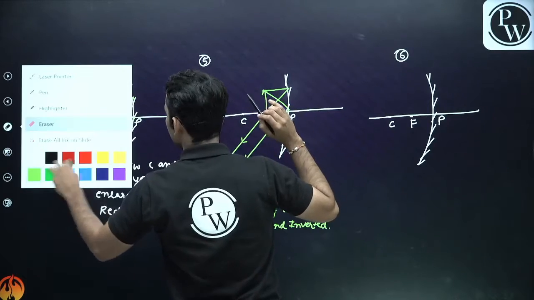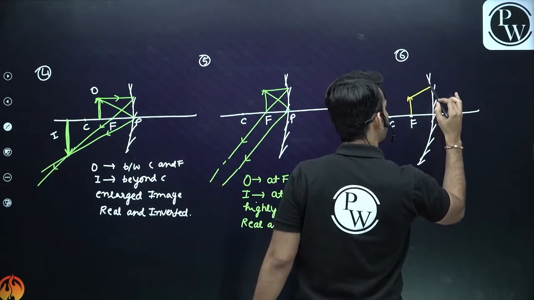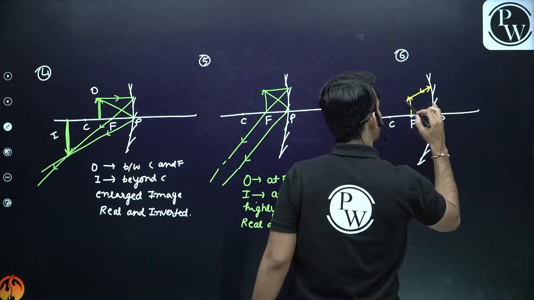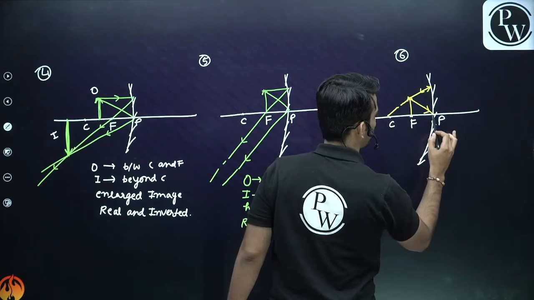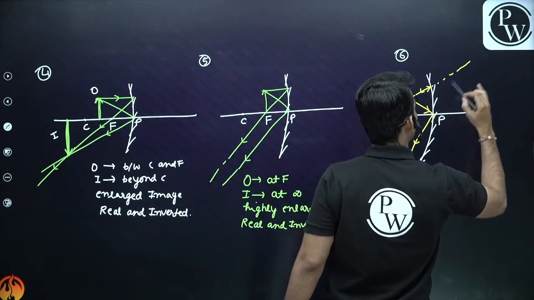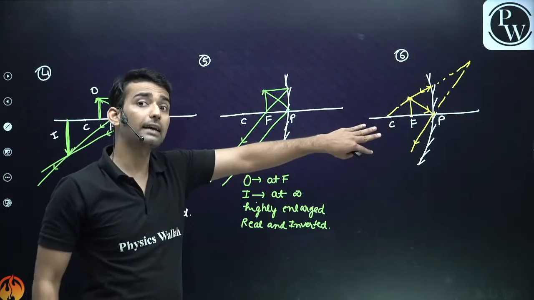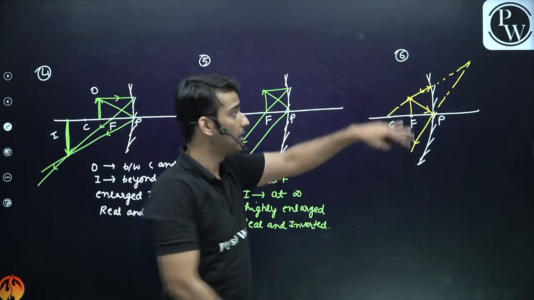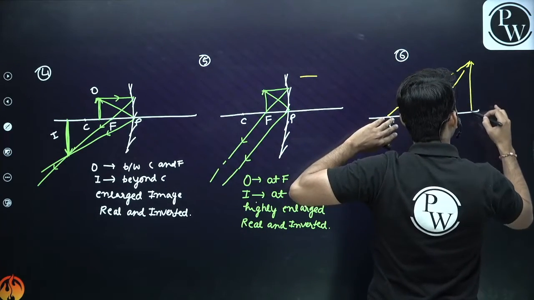So basically here you have taken the object like this. If you consider normal incidence, the ray will appear to pass through C. Now if you pass any ray through the pole, it will go like this. So if you back extend these rays guys, what will happen? They won't meet here, like I had told you in the plane mirror. They won't meet here, but if you back extend them, they appear to meet here.